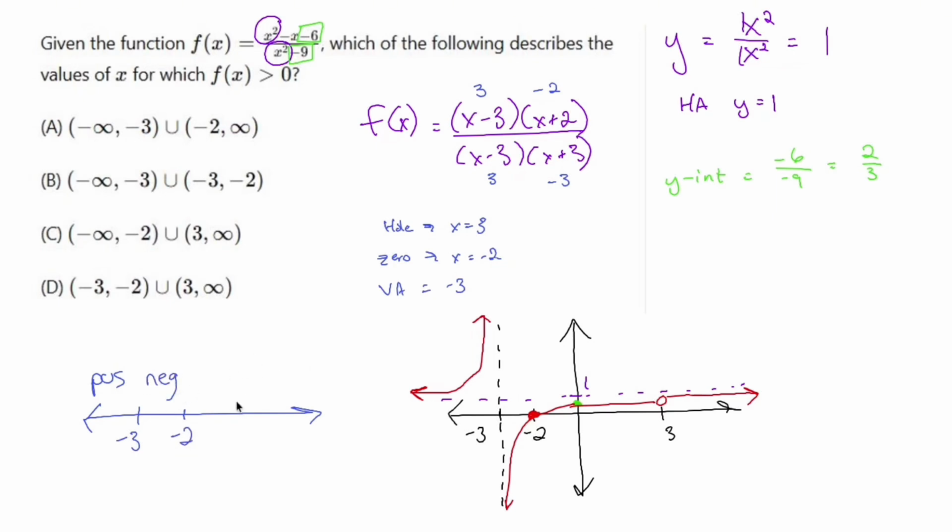Okay, but then from -2 all the way until positive infinity, we're living in positive land again. So it's going to be positive from -infinity to -3, negative from -3 to -2, and then from -2 all the way on to positive infinity, we're above the x-axis again. Okay, so that is going to be A. And that's how you do it.